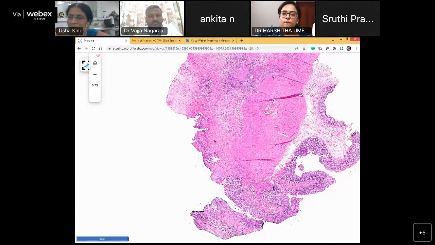If they find an obstruction somewhere, they would bring out the segment of colon which is normal to the abdominal skin and make an opening, which we call a stoma.